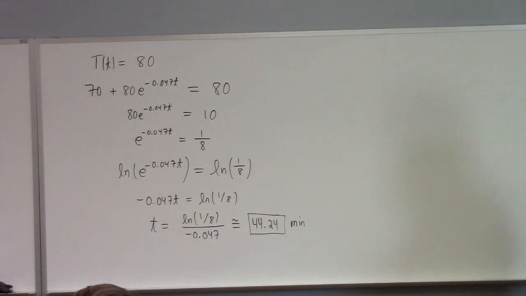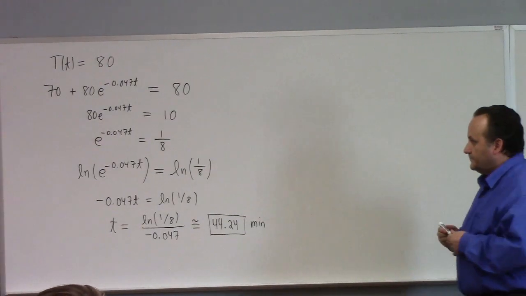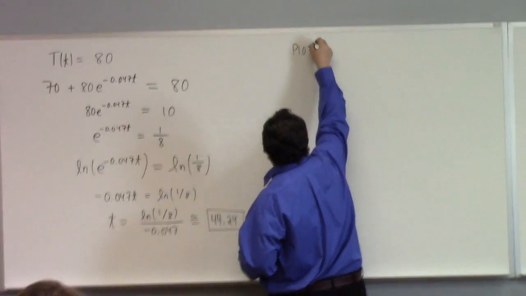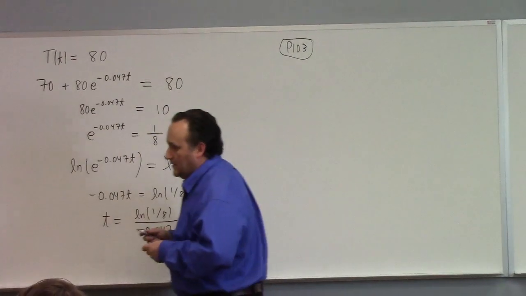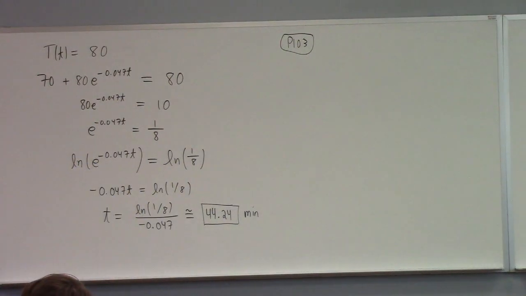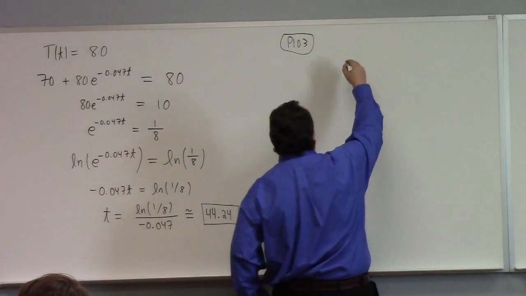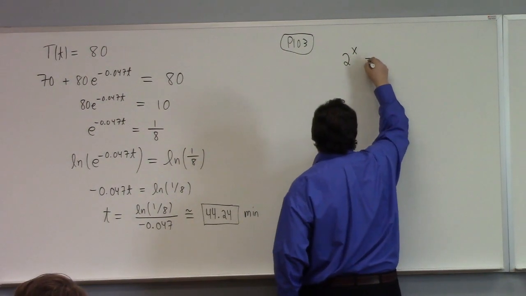Can we look at 103 and maybe 104? Problem 103? Sure. So we've got 2 to the x equals 3 to the kx.